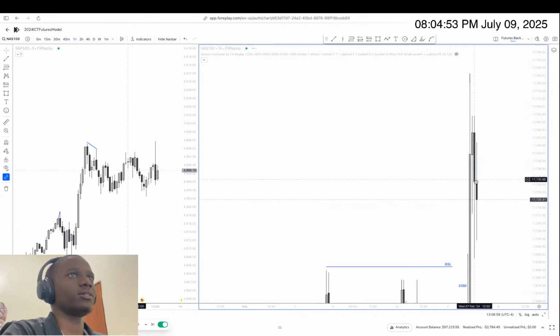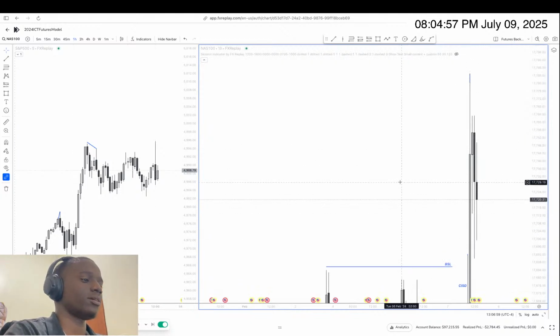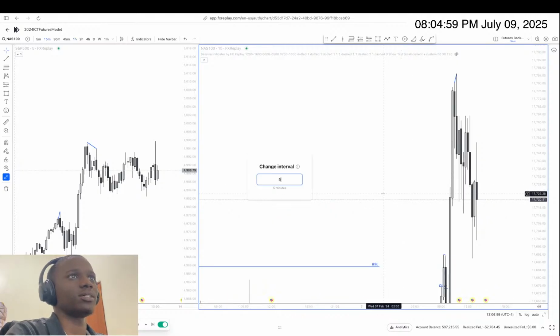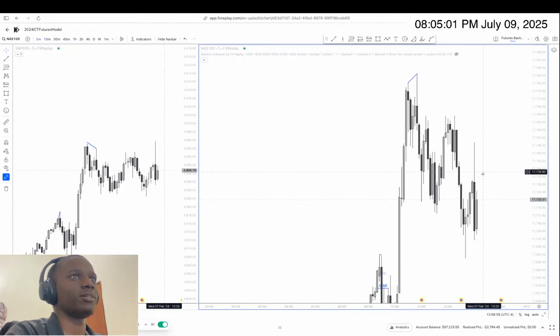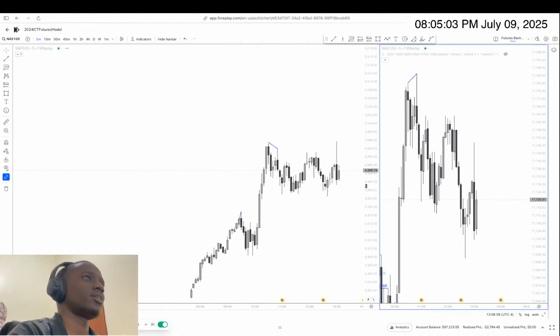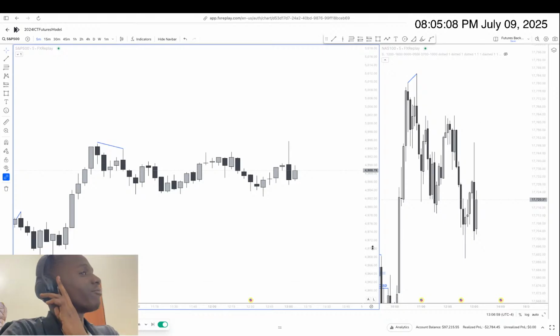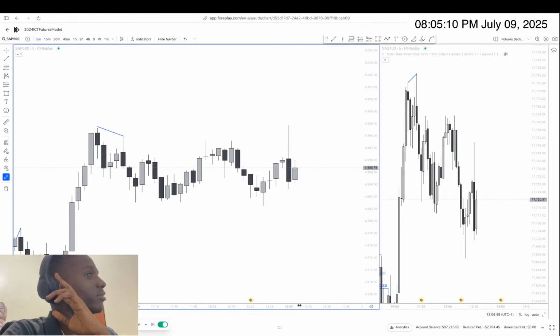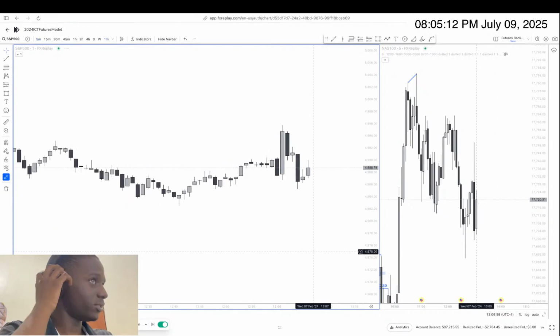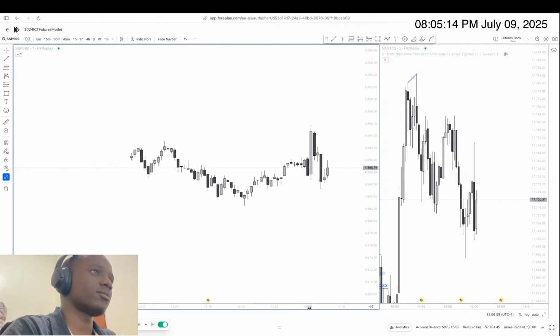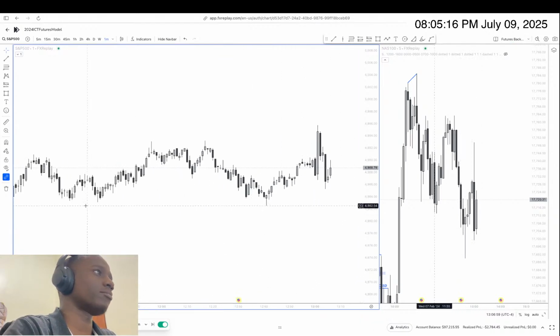In the 1 hour, looks like we dropped into this gap here, and 15 minutes. Yeah, basically the same thing. Fair value gap, drop continues. So here I think we have another entry on 5th Feb. So going into the 1 minute here, I think this is a good setup to take out these lows.